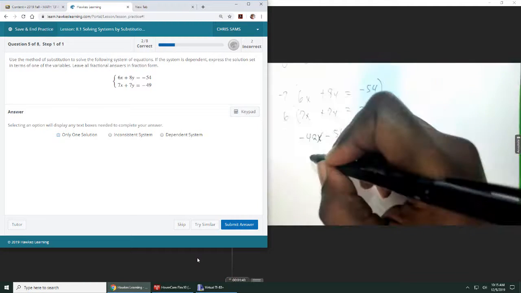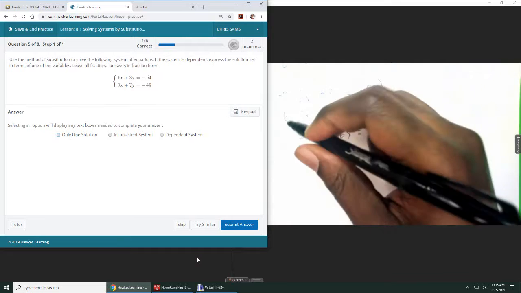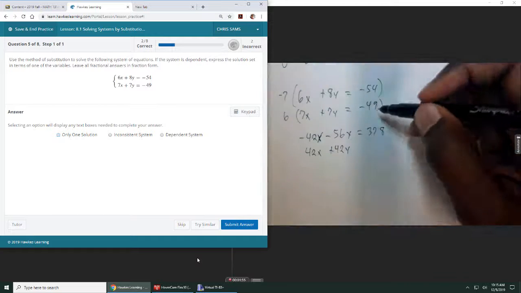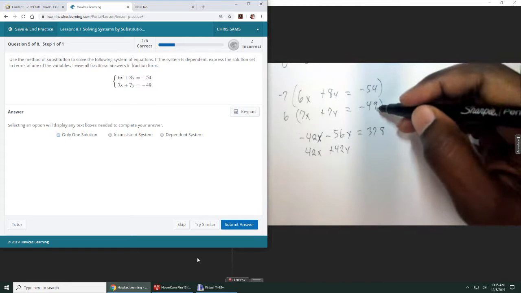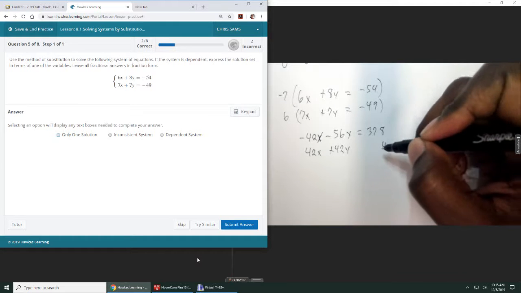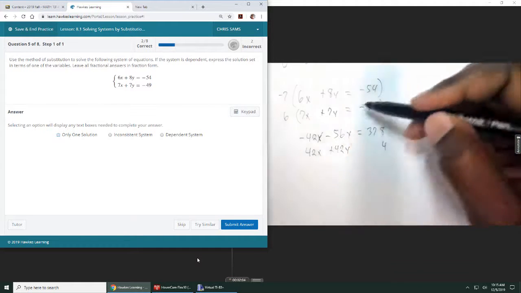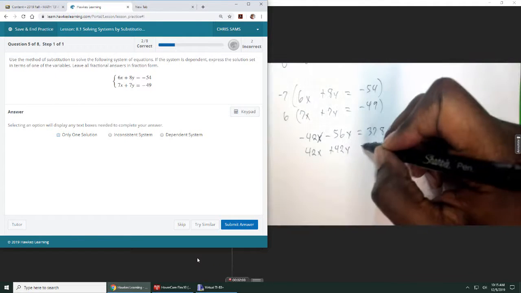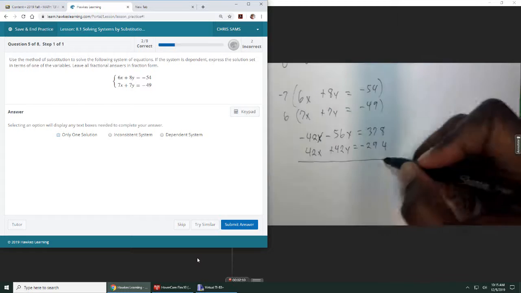And then we're going to multiply the second equation: we get a positive 42x, we get positive 42y, and then 6 times negative 49 gives negative 294. Okay, so this is what we get.